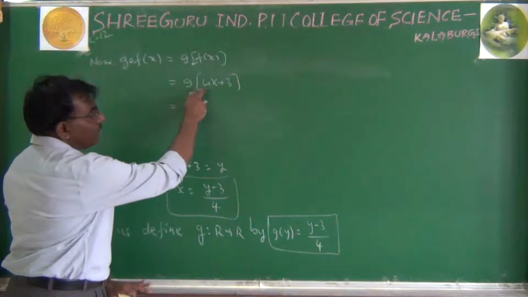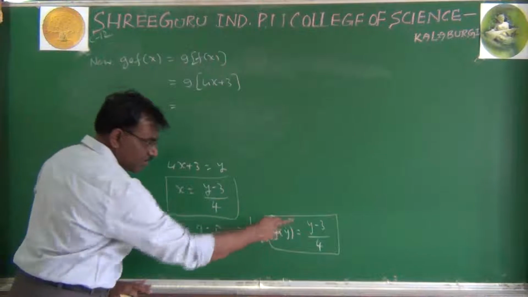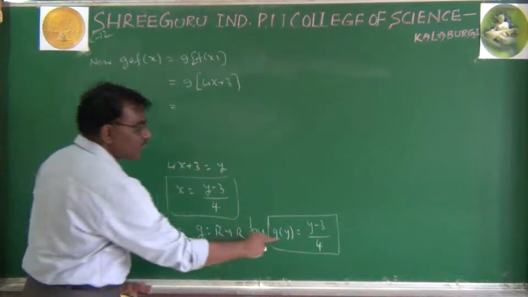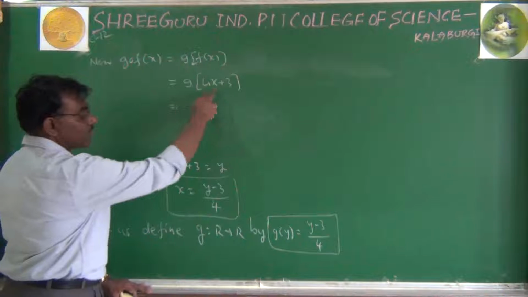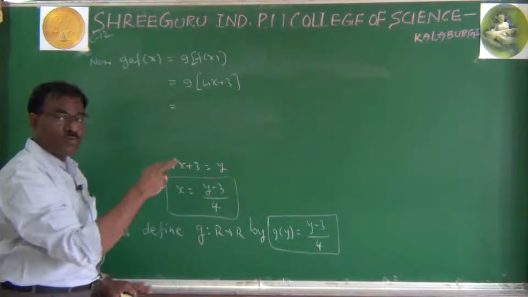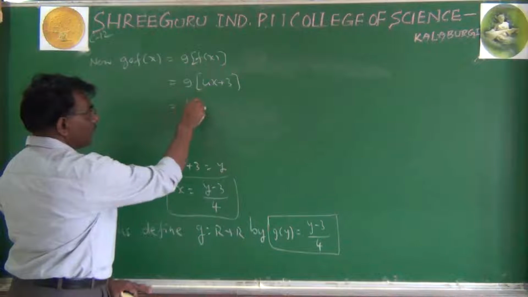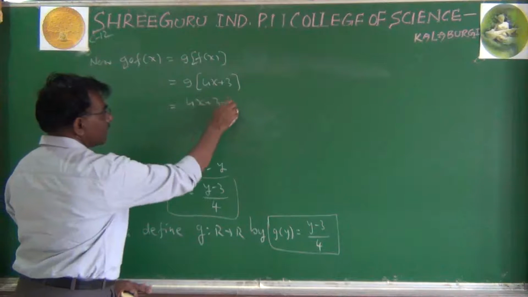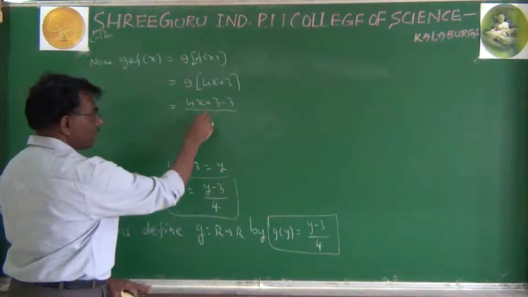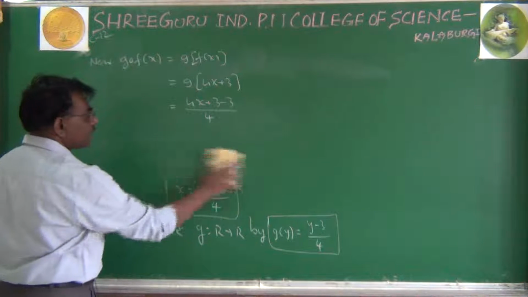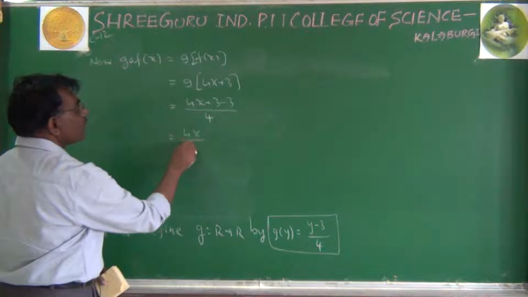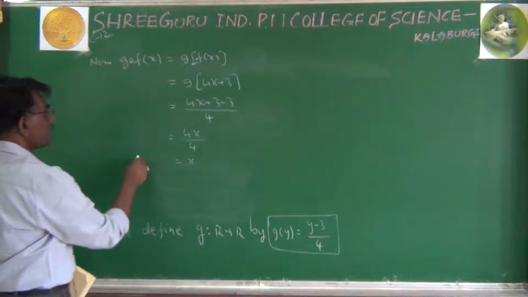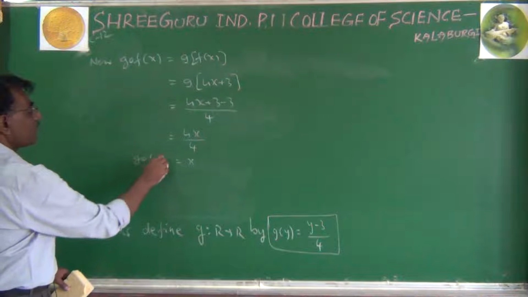Now g of y is y minus 3 by 4, so wherever y is there, put 4x plus 3: 4x plus 3 minus 3, divided by 4. So the 3 cancels, and 4x by 4 is x.